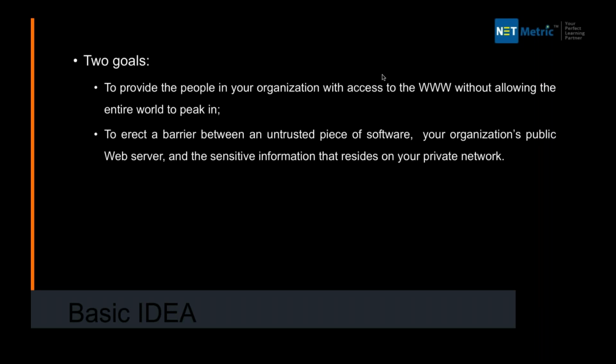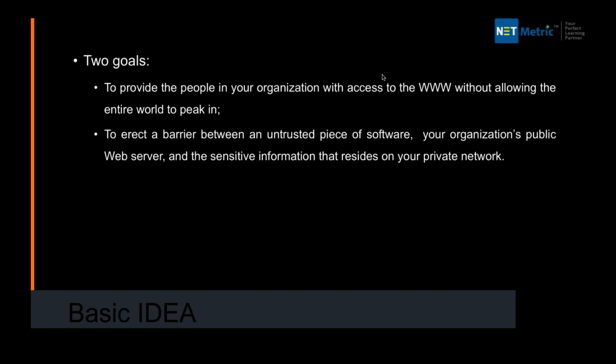So basically there are two goals with respect to the firewall. First, to provide the people in your organization with access to the www without allowing the entire world to peek in. Second, to erect a barrier between an untrusted piece of software, your organization's public web server, and the sensitive information that resides on your private network.